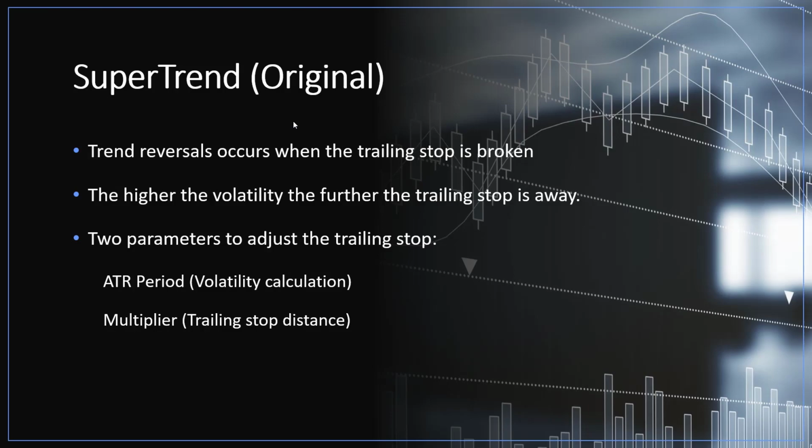Parameter one is the ATR period, where ATR stands for average true range, which basically calculates the average volatility of the symbol. And then the second parameter is what's called the multiplier, which is used to define the distance of the trading stop. So what we'll do, we take the ATR and multiply it with this multiplier here, and we add this to price. And the result of this gives us our trailing stop.